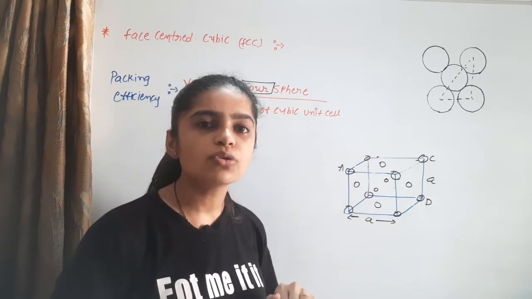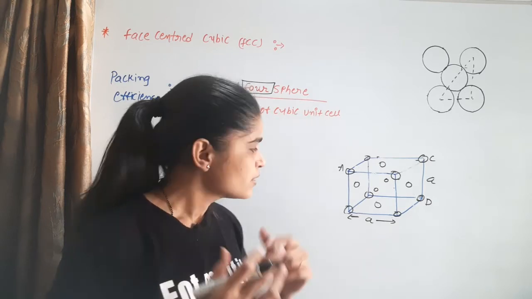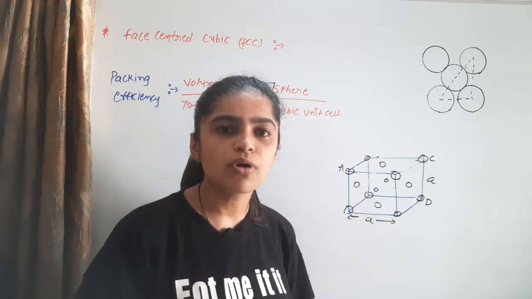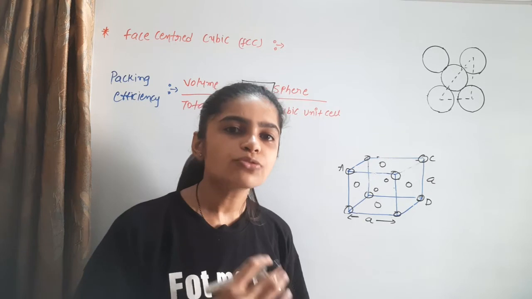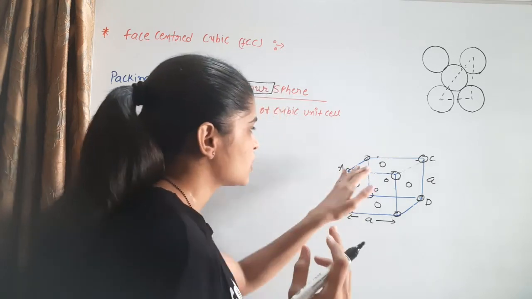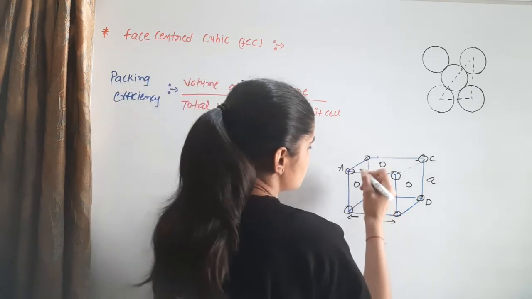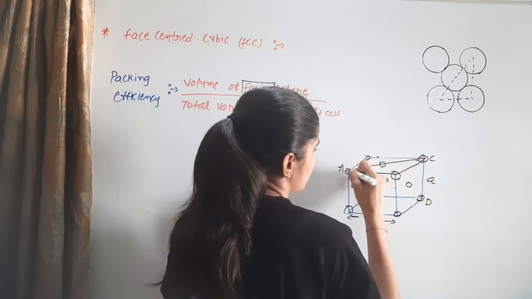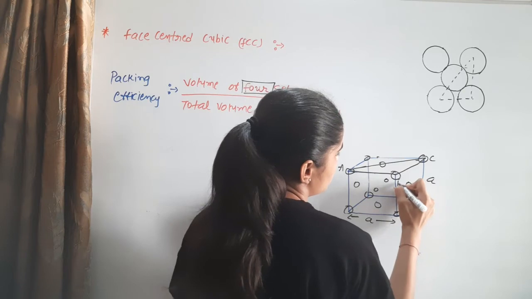Then how to find out the volume of the unit cell? We know that the edge length A cube is equal to the volume of the unit cell. So how to find out A cube? On the face center, consider this triangle ABC.